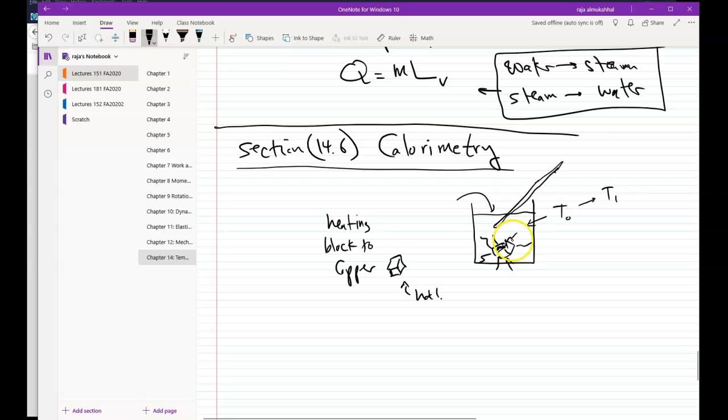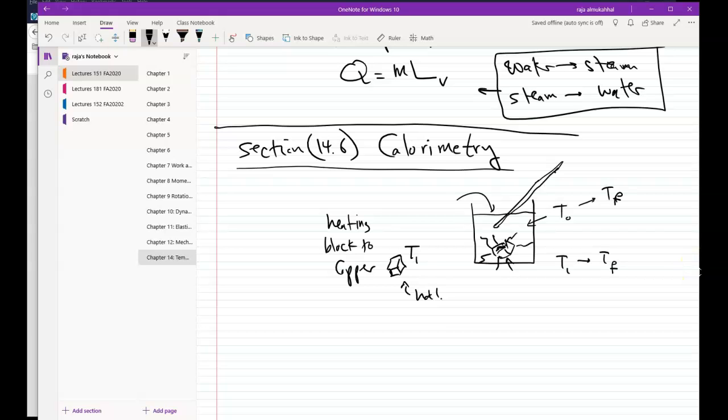So basically what happened is that I started with T0 for water, and let's say that the temperature of the block, let's call it T1, okay? After a while, water ended up with temperature final, I'm going to call it TF. And the block started with T1, and now it is at temperature TF as well, because of thermal equilibrium.